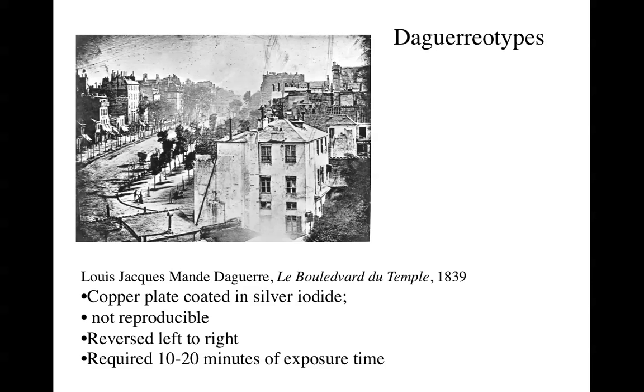So this image up above actually required several hours of exposure time. And it looks as if it's an empty street, as if it's a ghost town. But in fact, many people and horse-drawn carriages, etc., were crossing this street, but they moved too quickly for the camera to actually capture them on the image. The one figure that's captured is this man here who's stopping to have his shoes shined.